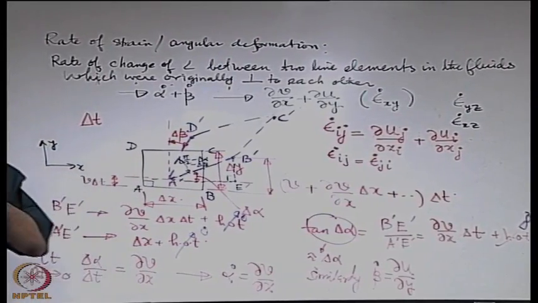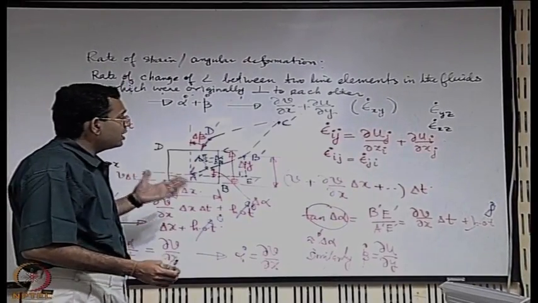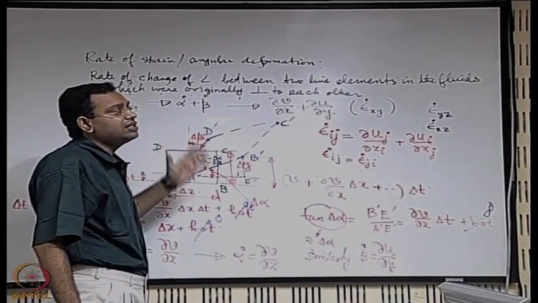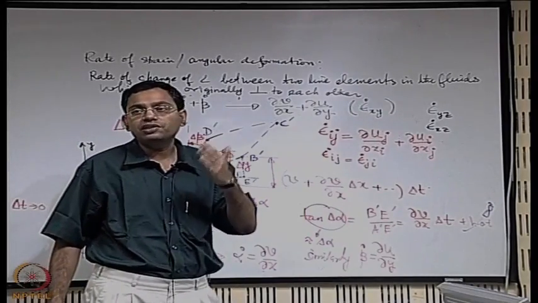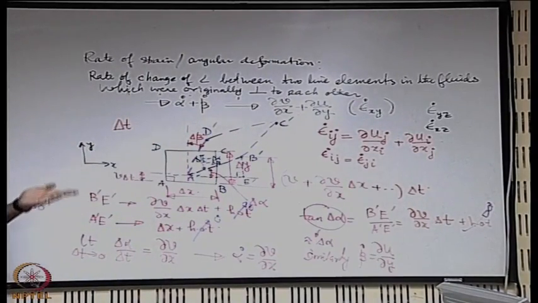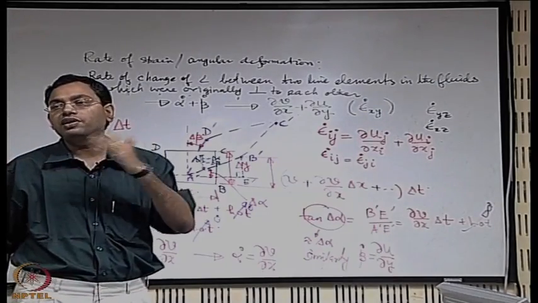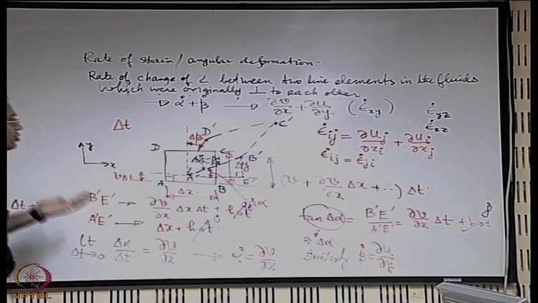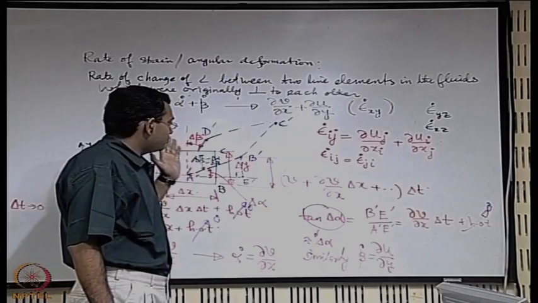So if the fluid element is rotating like a rigid body without any angular deformation, then there also will be a change in some angle, that will not be an angular deformation but the change in angle because of rigid body rotation. So that is also an aspect of angular deformation, and in place of deformation we can just call it rotation, because it is not actually a deformation, it is the change in some angle because of a rigid body type of motion.